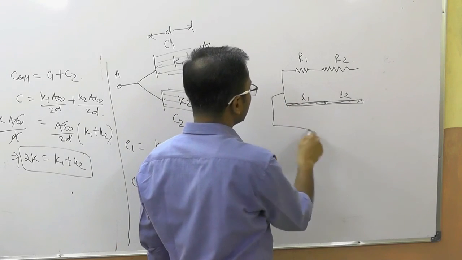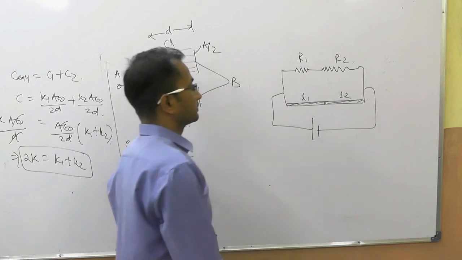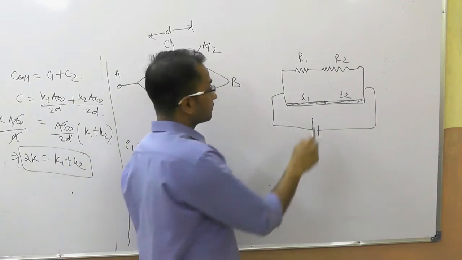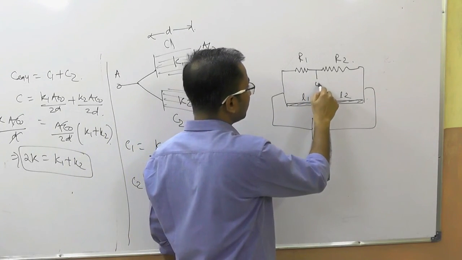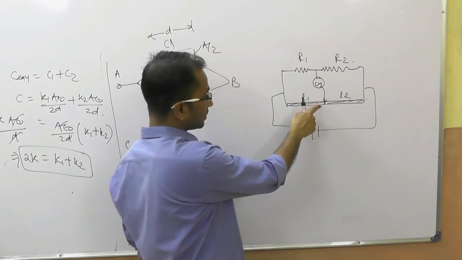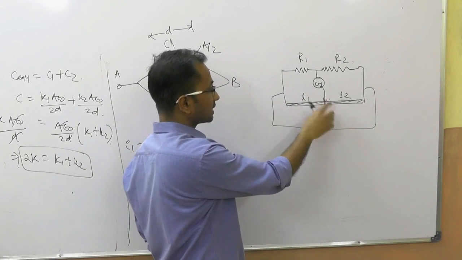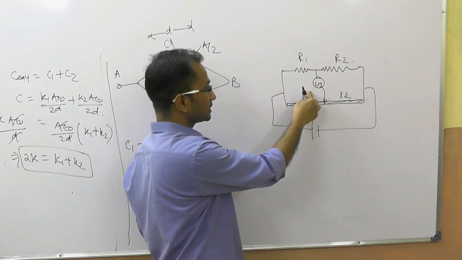Now it is connected to a battery and to a galvanometer. By using a rheostat, we find a point such that the current through the galvanometer becomes zero.